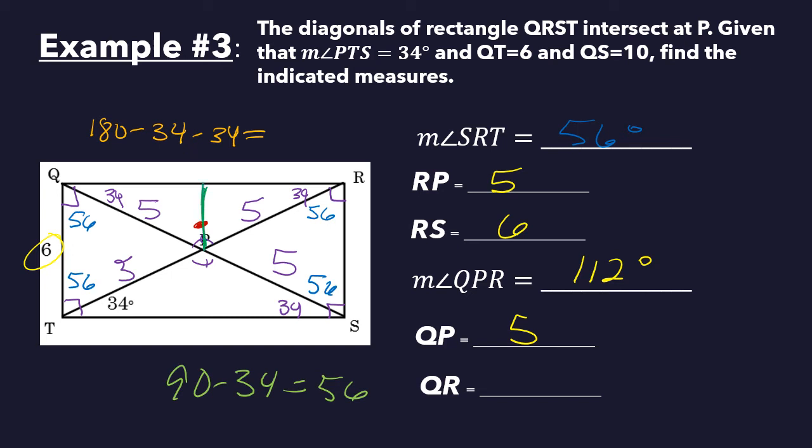So this little piece here is going to be 3, which means I could find x here. 3 squared plus x squared equals 5 squared. 9 plus x squared equals 25, and x squared equals 16, which makes this little piece up here 4. And if both of those pieces are 4, then the length of QR is going to be 8 units.